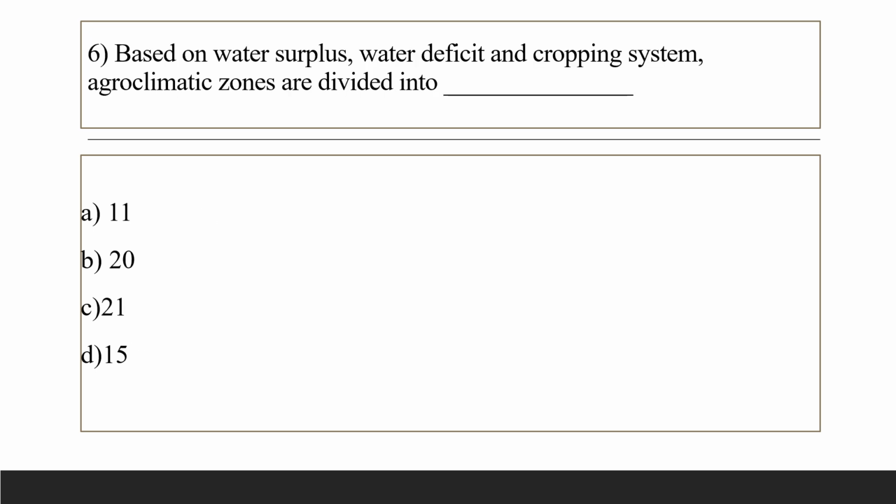Based on water surplus, water deficit, and cropping system, agroclimatic zones are divided into. An agroclimatic zone is a land unit where the climate is suitable for growth of plants.